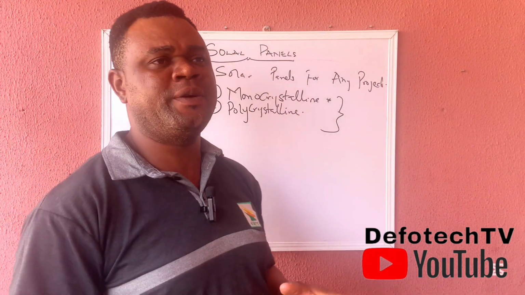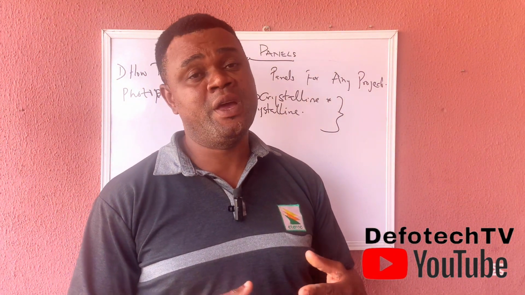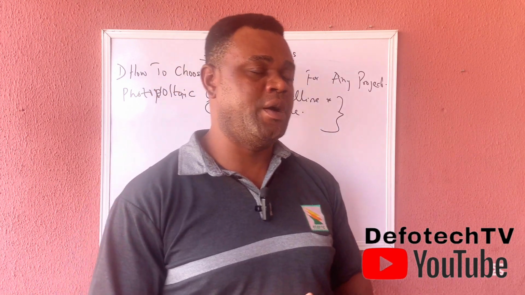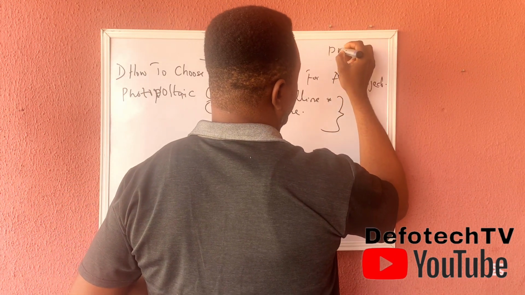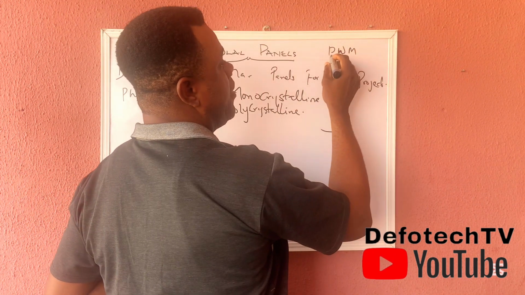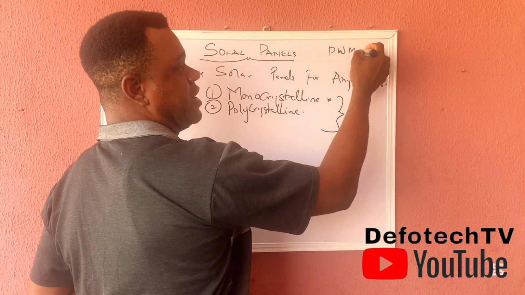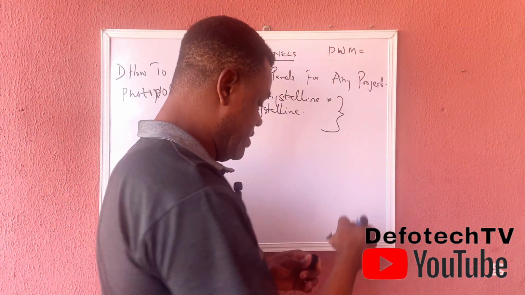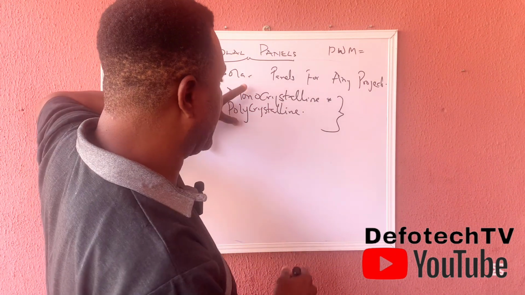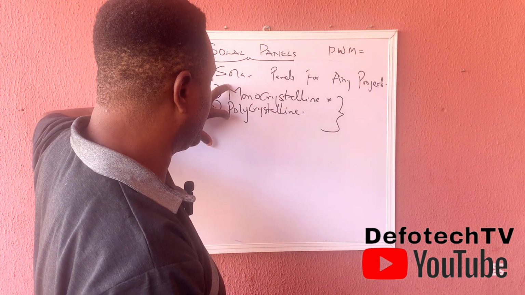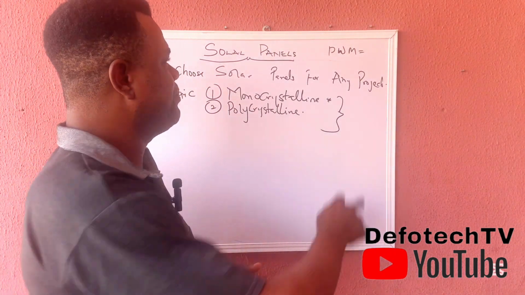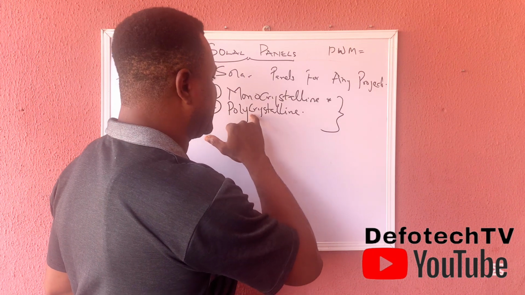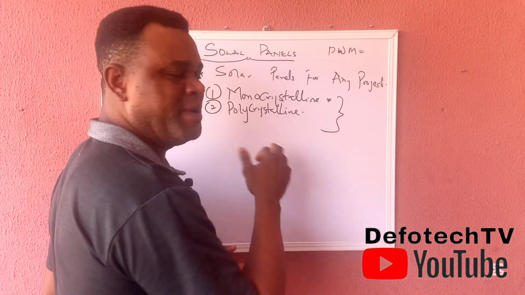Why? Because at the end of the day, if you are using, for example, a PWM charge controller, I hope I'm not moving too fast, PWM is a pulse width modulation kind of charge controller. If you have these two types of PVs in your installation, your panels will most times try to track the lowest voltage, the least of them all at any time.